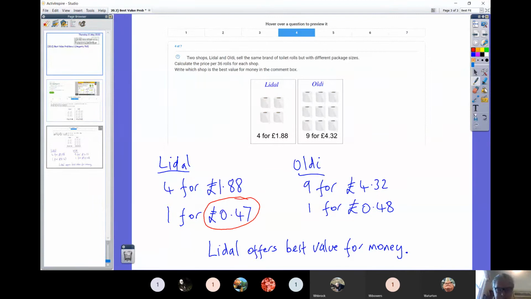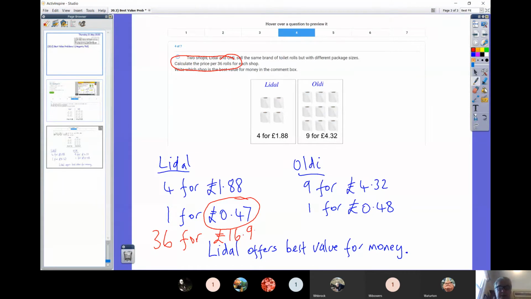Now to actually answer this question, and I'd missed this when I prepared the slides, they're asking you to calculate the price per 36 rolls. So we're going to have to take our 0.47 and multiply that by 36. 0.47 times 36, and that is £16.92.